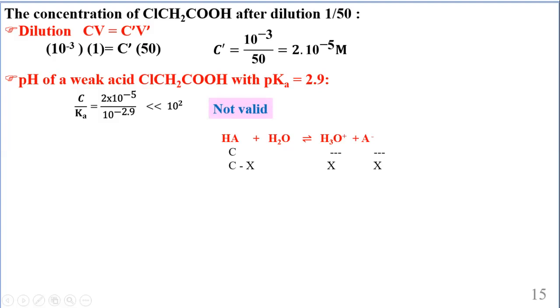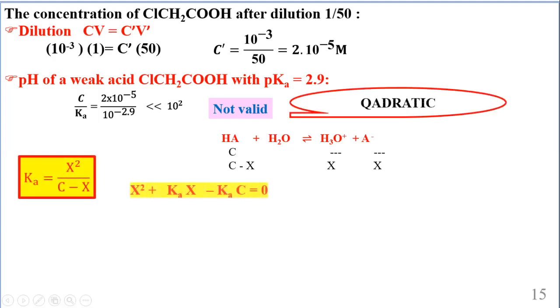Take the concentration, 2 times 10 to the minus 5, divided by the Ka, which is 10 to the minus pKa, 10 to the minus 2.9. And absolutely not. This is way less than 100. And so this C is not greater than 100 Ka, so that's not valid. So my X is not negligible, so I have to do a quadratic, absolutely. You guys are great at quadratic equations right now. Here is my quadratic. And once I have my quadratic in, what can I do?